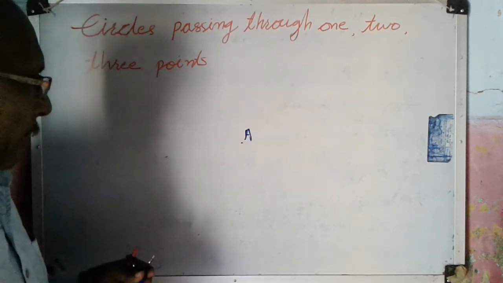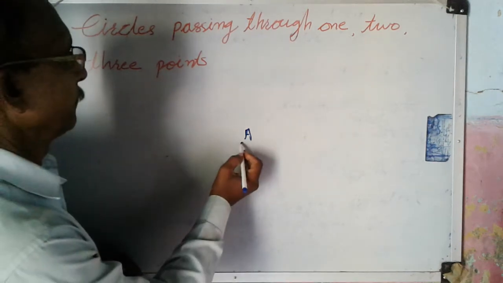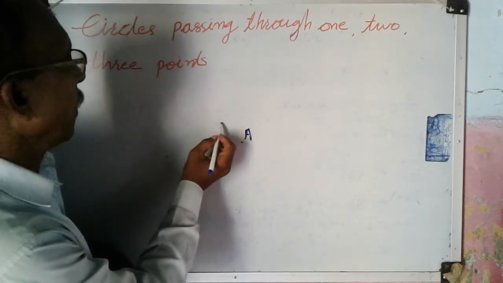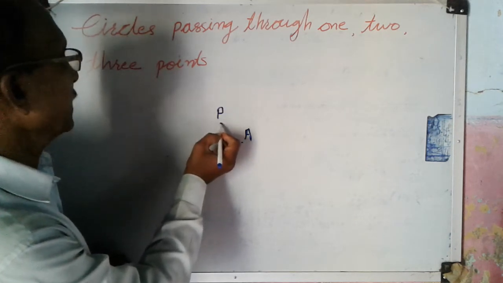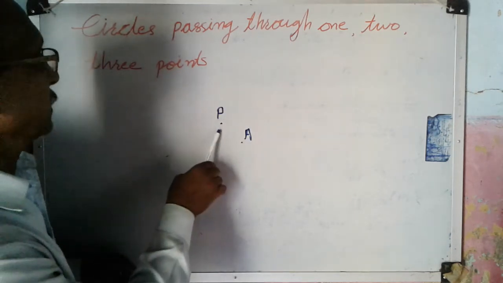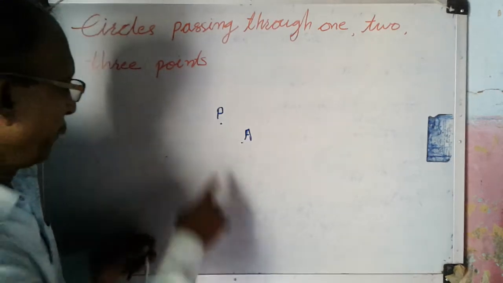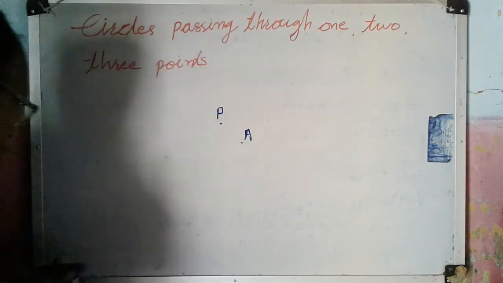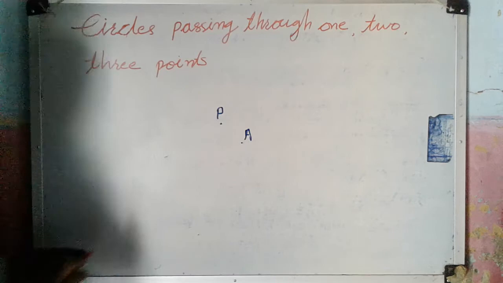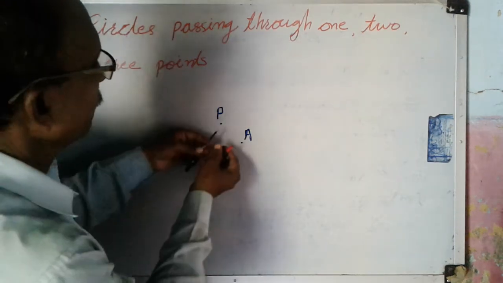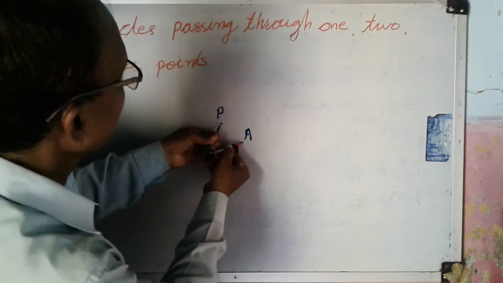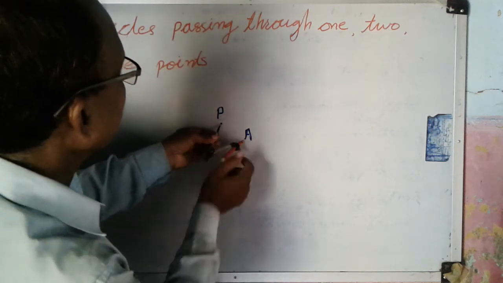I will take another point, Q or P. Suppose I take P as a center, and taking P as a center and PA as a radius, I will draw a circle here. Now P is the center.